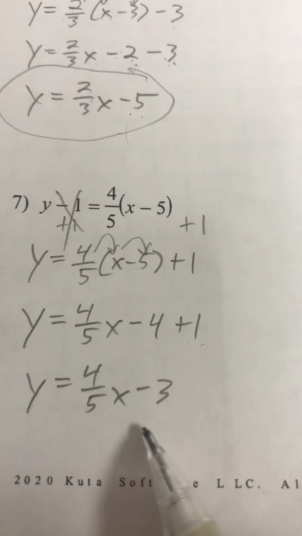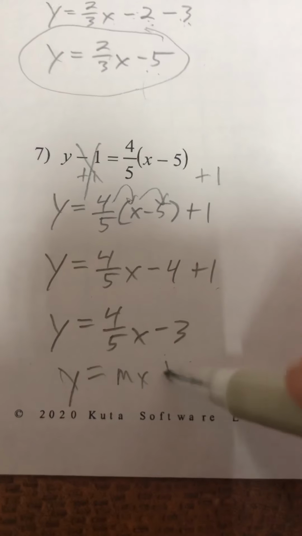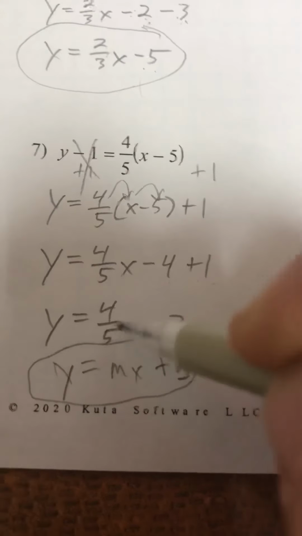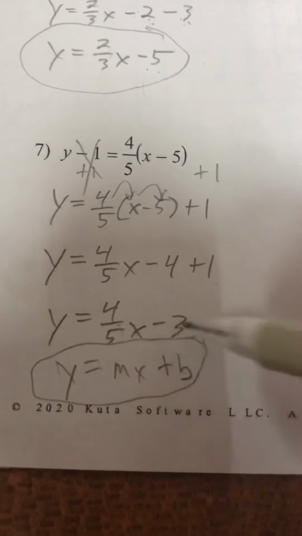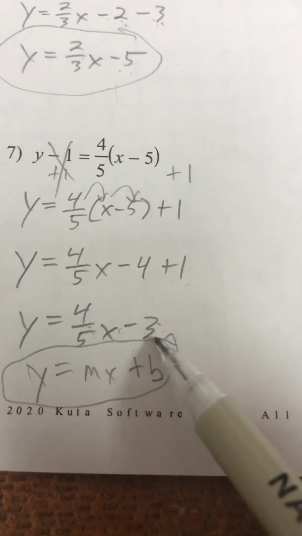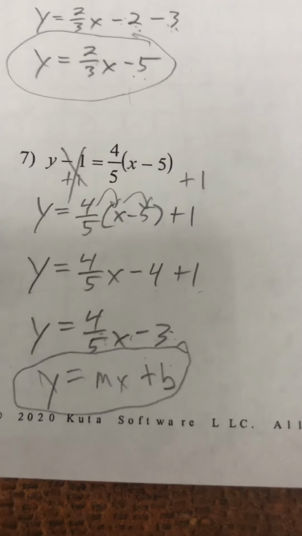Negative 4 plus 1 is negative 3. And so this is in slope-intercept form, y equals mx plus b. That's what I'm looking for. Negative 3 is my y-intercept, and 4/5 is my slope. And I could graph it if I wanted to.